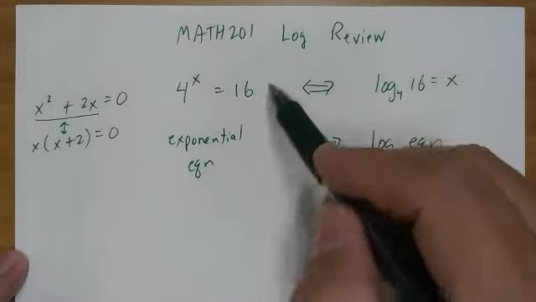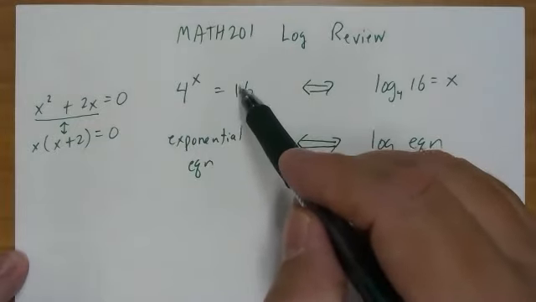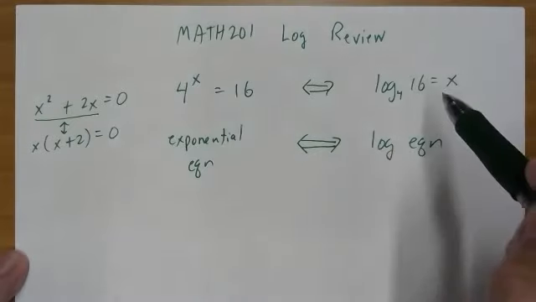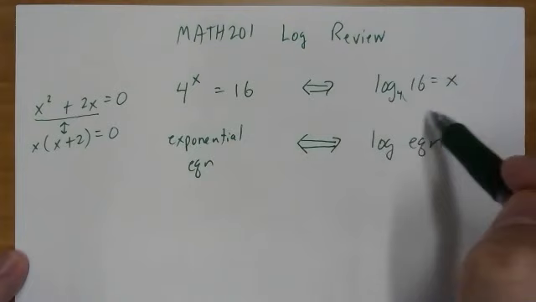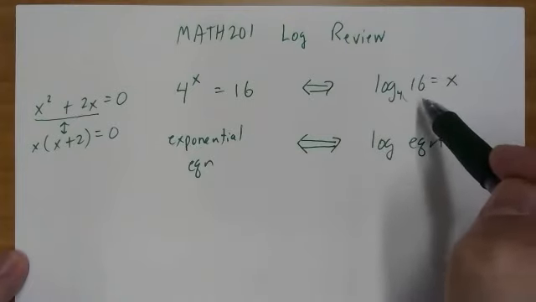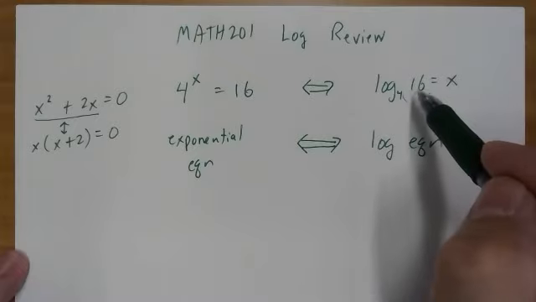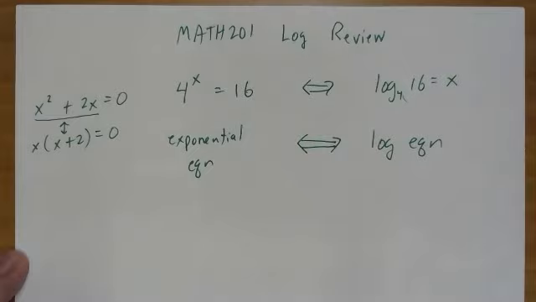Sometimes we're given a problem as an exponential equation, and the best way to solve it is to convert it to a log equation, and then we're able to solve it. And there'll be other problems where we're given a log equation, and the best way to solve it is to convert the log equation into an exponential equation. And we're going to see that with some of the examples.